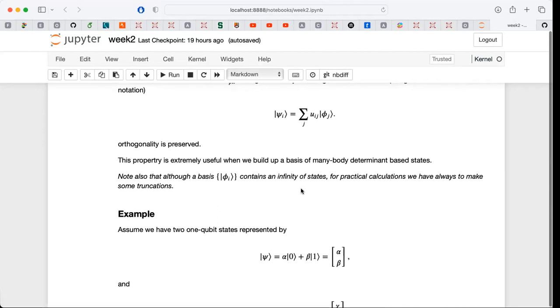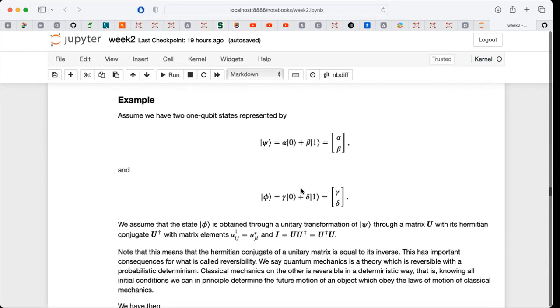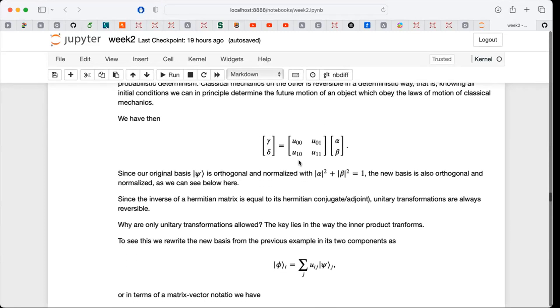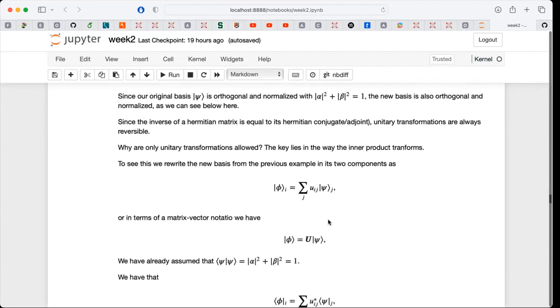So what you will find here is a typical example, which you can run through if you want to. I'm not going to discuss this because we discussed it a little bit before the break, and we actually went through these calculations where we related these two basis states, and then we found the unitary transformation, and then we can rewrite this in terms of a matrix times the vector here.